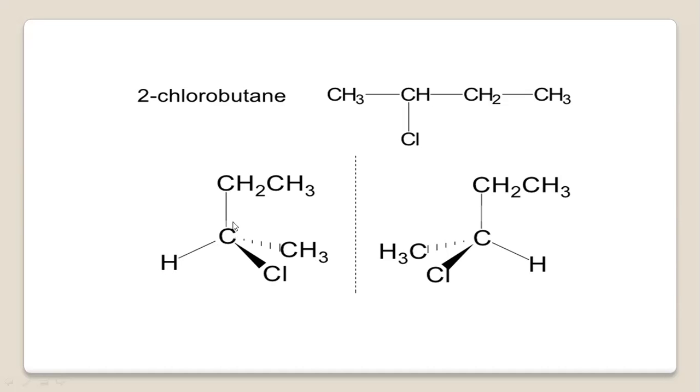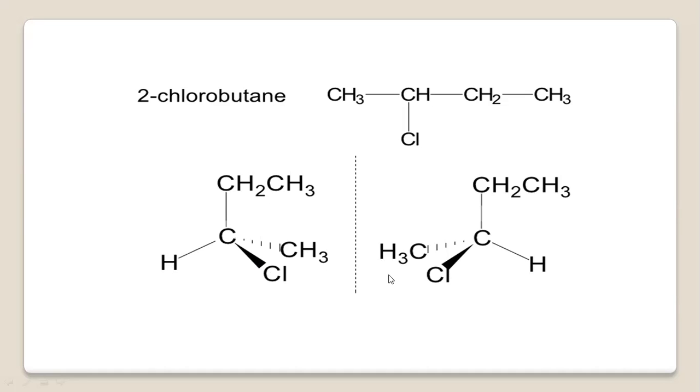As it has four different groups, it shows optical isomers. Here the Cl is on the right side, here the Cl is on the left side. This form is called the dextro form and this is called the levo form. These dextro and levo forms of 2-chlorobutane are optical isomers of each other.